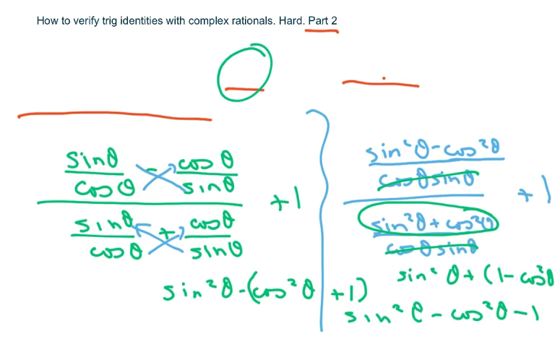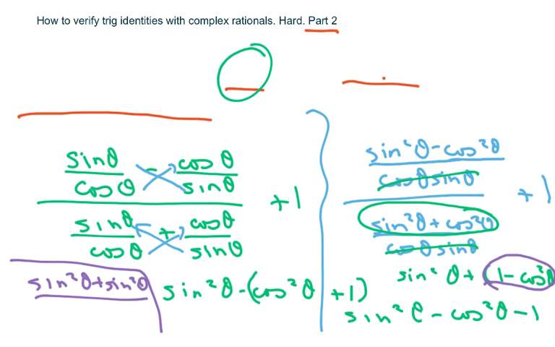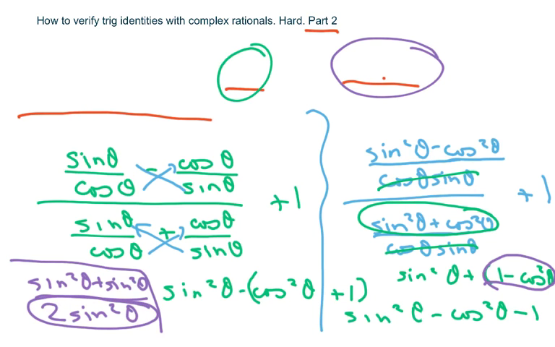Now this equals sine squared theta. So, and I'll put it down in here, so we get sine squared theta plus sine squared theta, and there's 2 of them, which is what we have here. So we get 2 sine squared theta, which is the result we wanted.